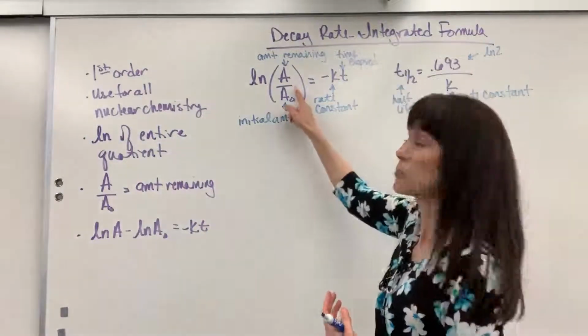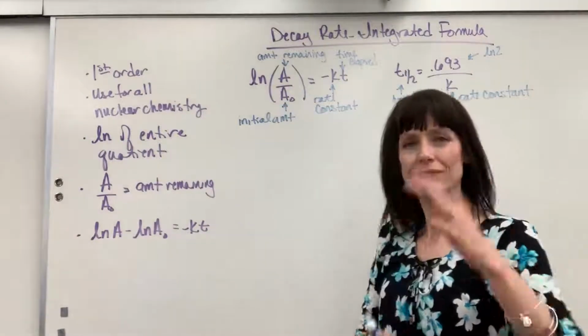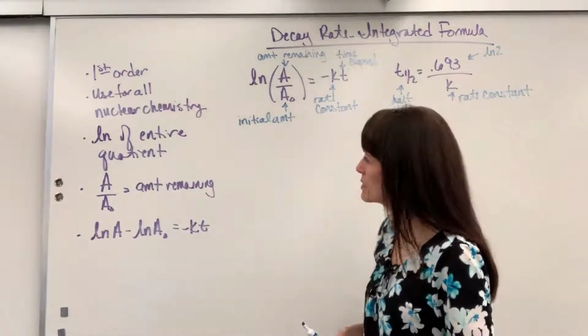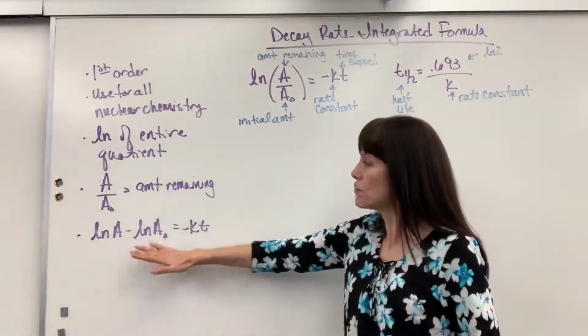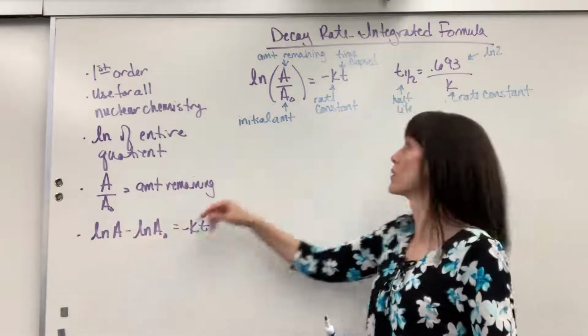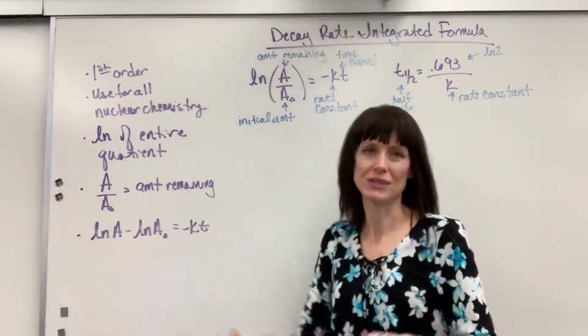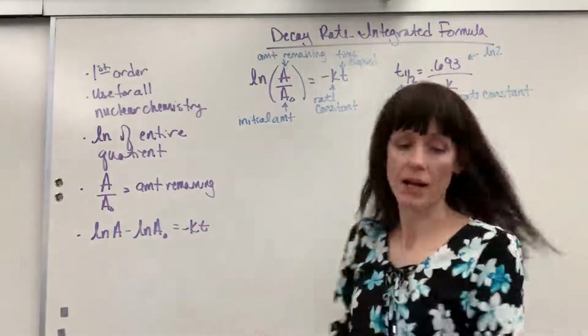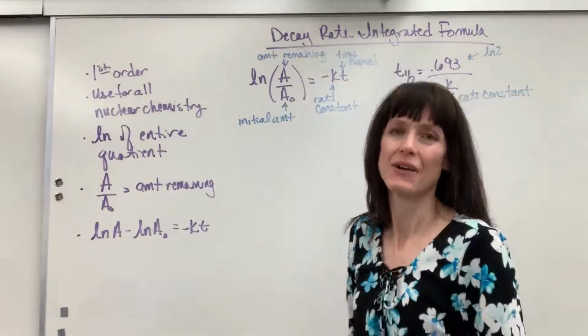So you put the 0.3 right here. So that's a common way that questions can be asked, just want to give you that little tidbit. And then again, you might see in your textbook this integrated formula written out where the quotient is separated using our log rules.